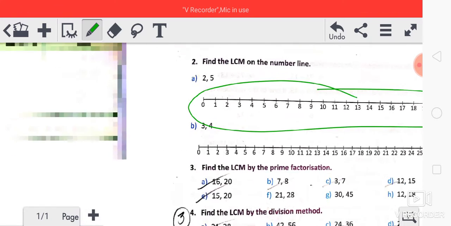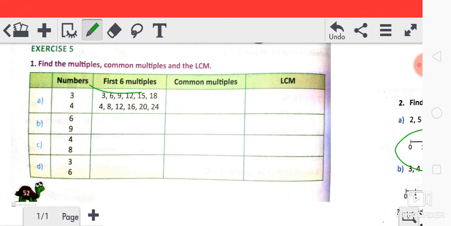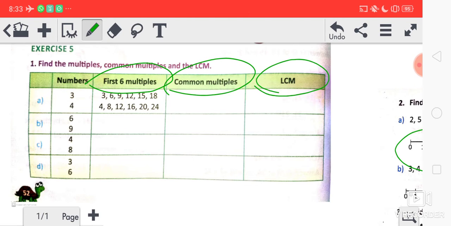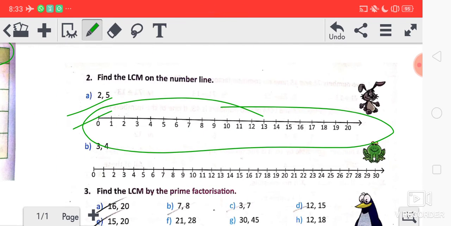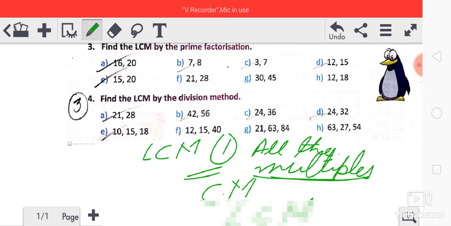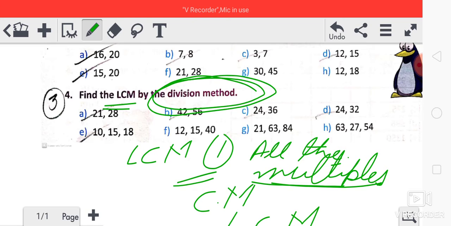Another one is writing the multiples, then common multiples, then the lowest common multiple. One method is this one to find the LCM. Another method was on the number line. Now we'll see finding the LCM by the division method. The third method we are going to discuss now.